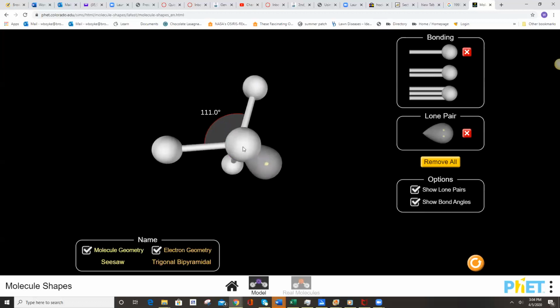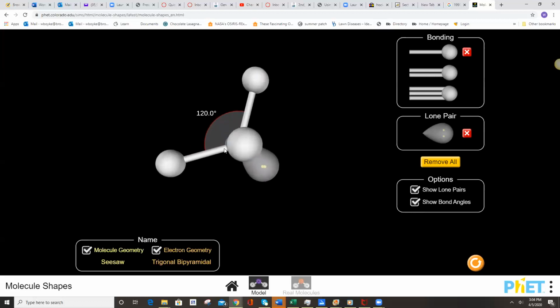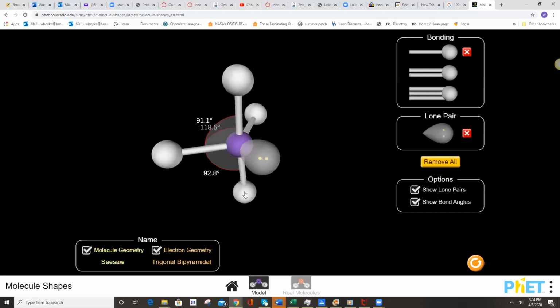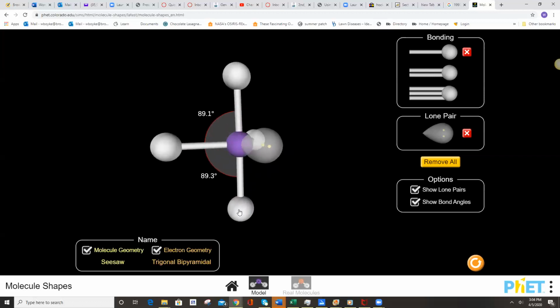What I also still have is between the 2 equatorial positions, I still have a 120-degree bond angle. And lastly, the simulation doesn't show this, but one you don't want to forget about is you still have that 180-degree bond angle between the 2 axial positions. So we're still going to skip our hybridization, come back to that later.